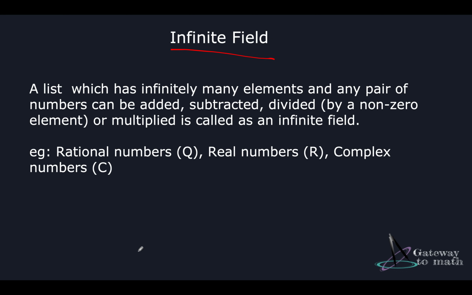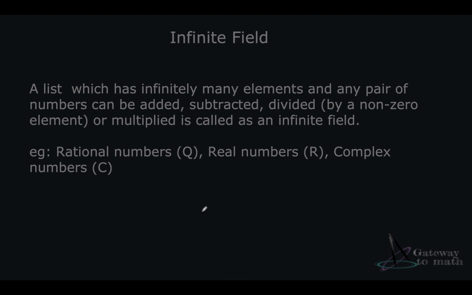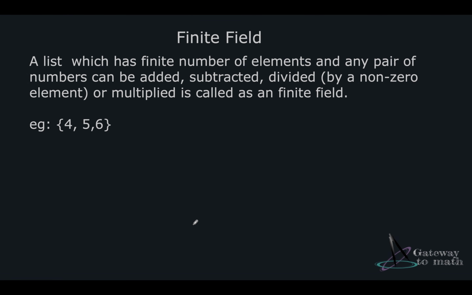We have an infinite set of elements in these ranges, and you can do the four operations on them, right? So it's an infinite field. A finite field is one which has a finite set of elements. So here we have just 3 elements, and you can still perform the 4 operations. You can add, subtract, divide, multiply them in a finite field. So this is a finite field.